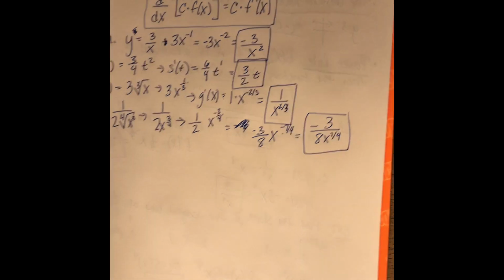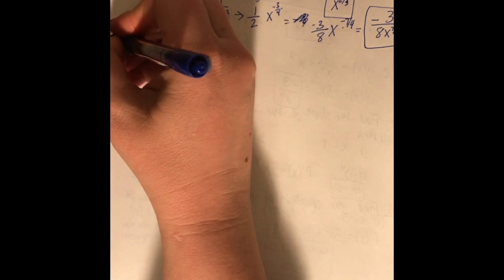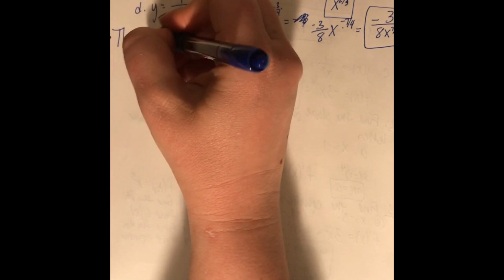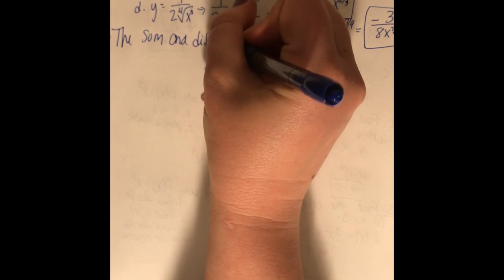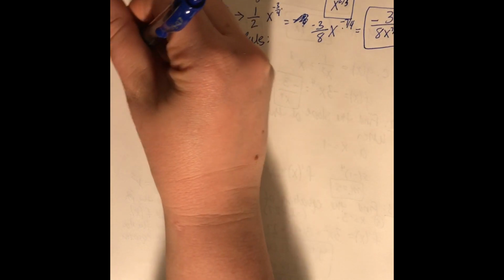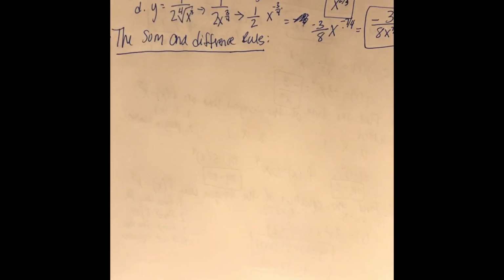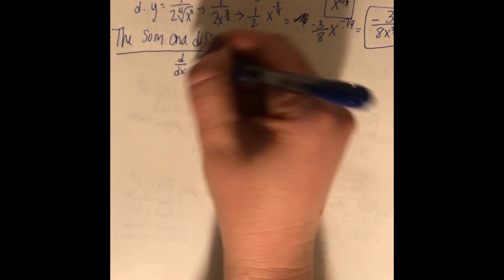Again, we're doing lots of the same ideas with the power rule. And the very last rule that we're going to talk about today is the sum and difference rules. Okay, sum and difference rules. So we're going to have the derivative of dx.